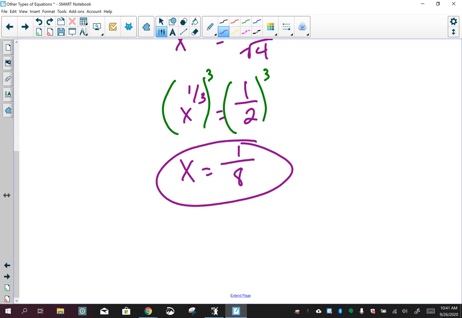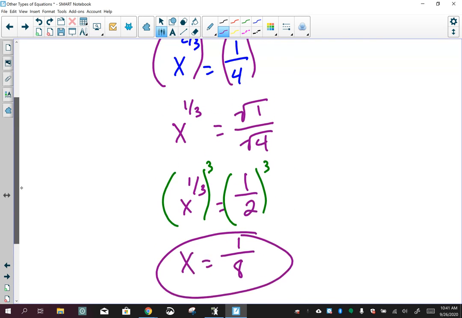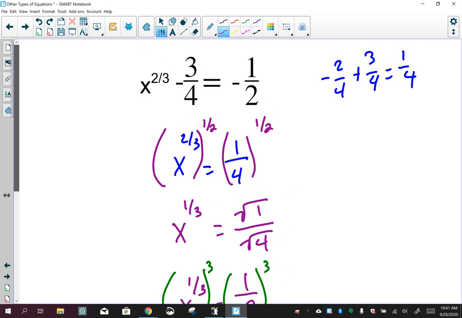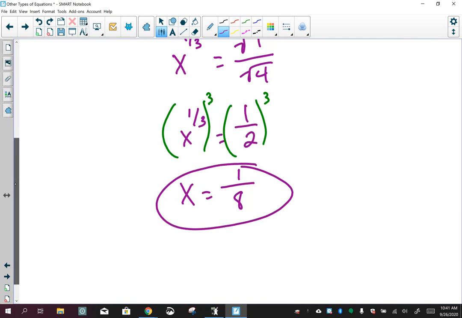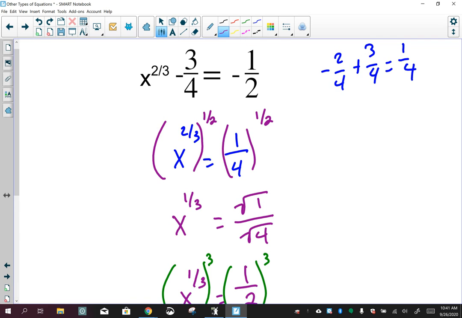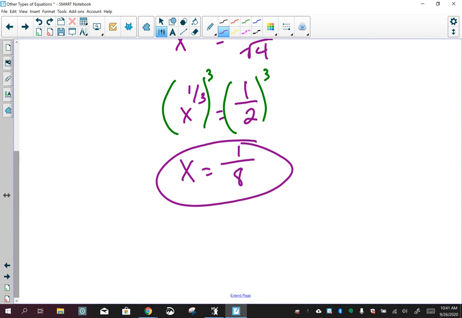So I wind up with 1/8, and you're done. So when you go through this process, make sure you keep everything in order. Make sure you do your work like you're supposed to, because you don't want to make the same mistake I did when we started out with this. So keep everything in order and pick however you want to approach it.